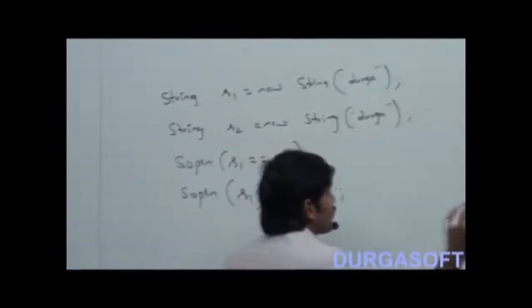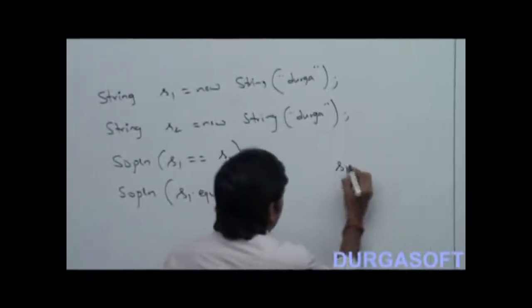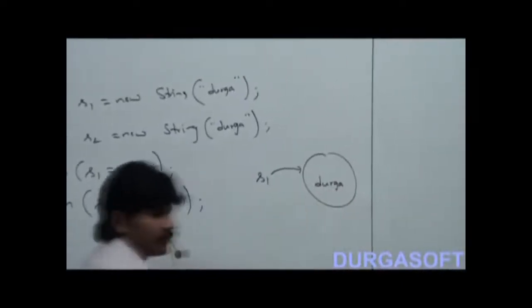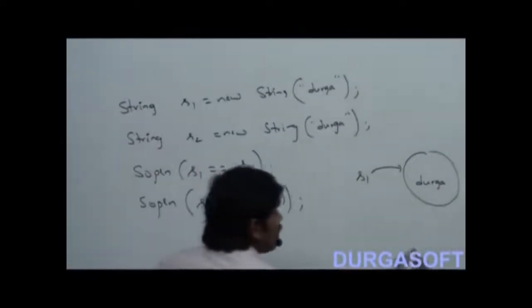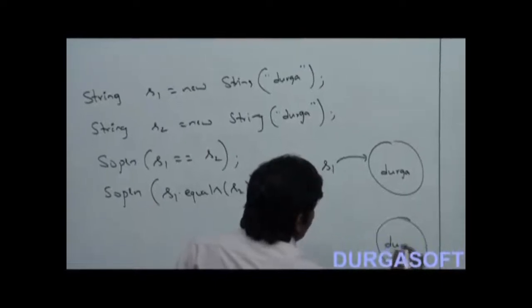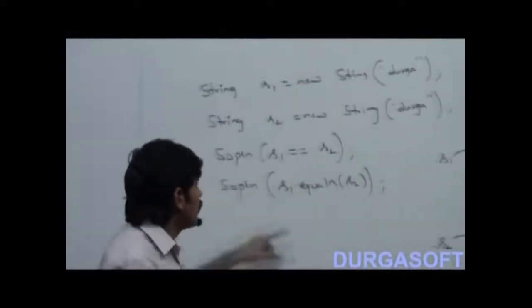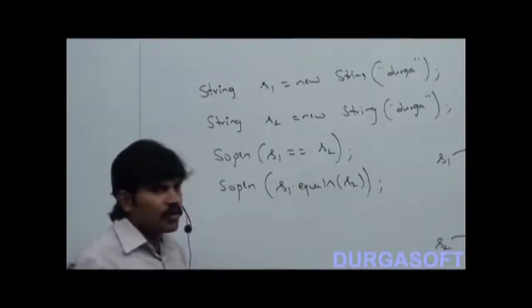Here just observe, String S1 is equal to new String of Durga. I am creating one string object with the content Durga. String S2 is equal to new String of Durga, another string object with the same content. S1 and S2, S1 double equal to S2.